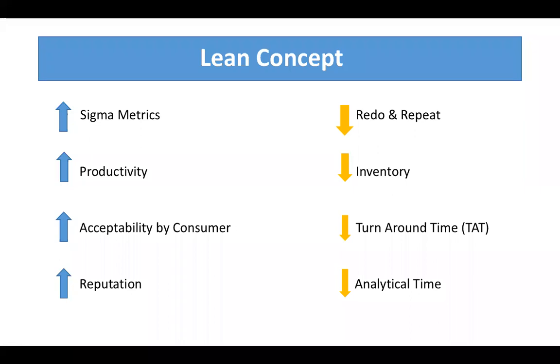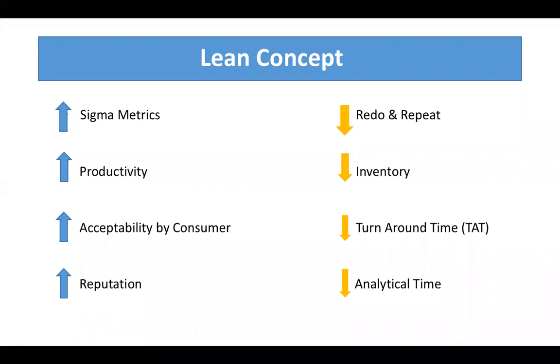See, lean concept means, what is the difference between a fat and a lean person? In a lean person, extra fat is not there. Otherwise, same body organs, same soul, both are enjoying life in different ways.